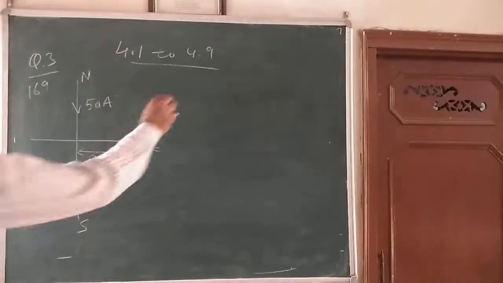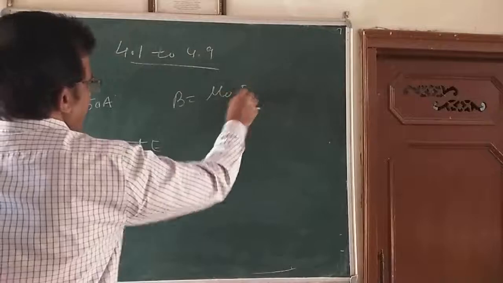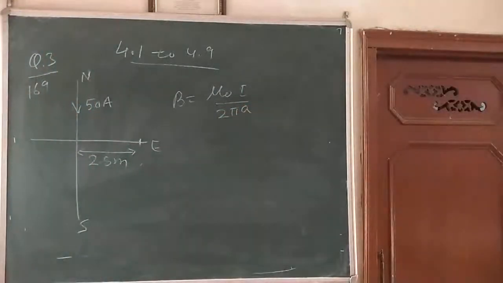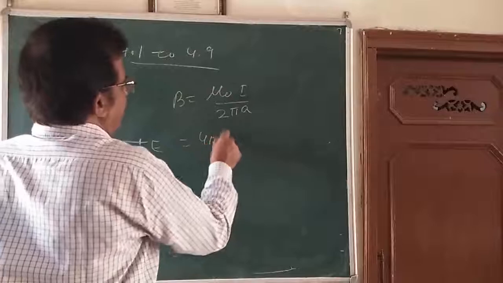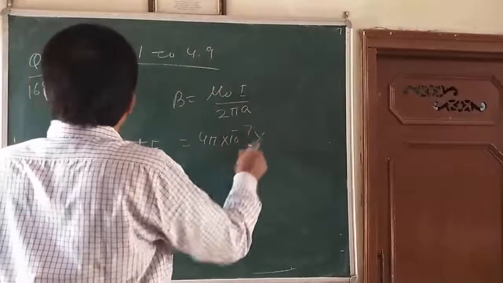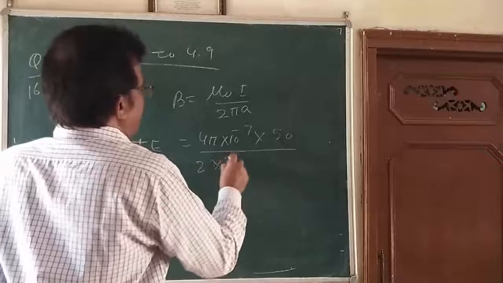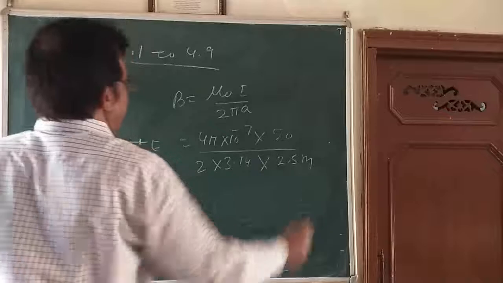Now our formula for the magnetic field near a point is mu naught I upon 2 pi a. Put all the values here and get the answer easily. Again put the value of mu naught, 4 pi into 10 raised to the power minus 7, current 50 ampere, 2 into 3.14 into a, that is 2.5 meter.